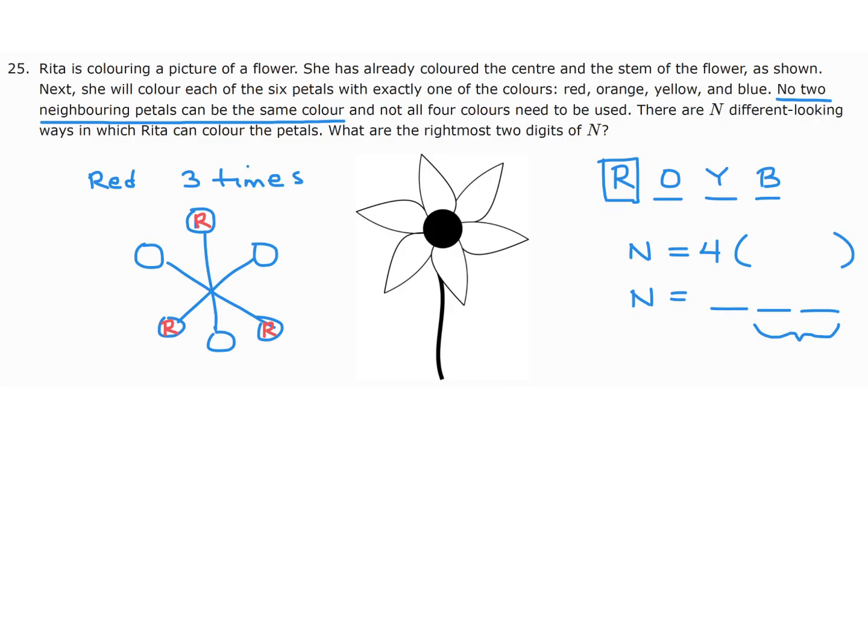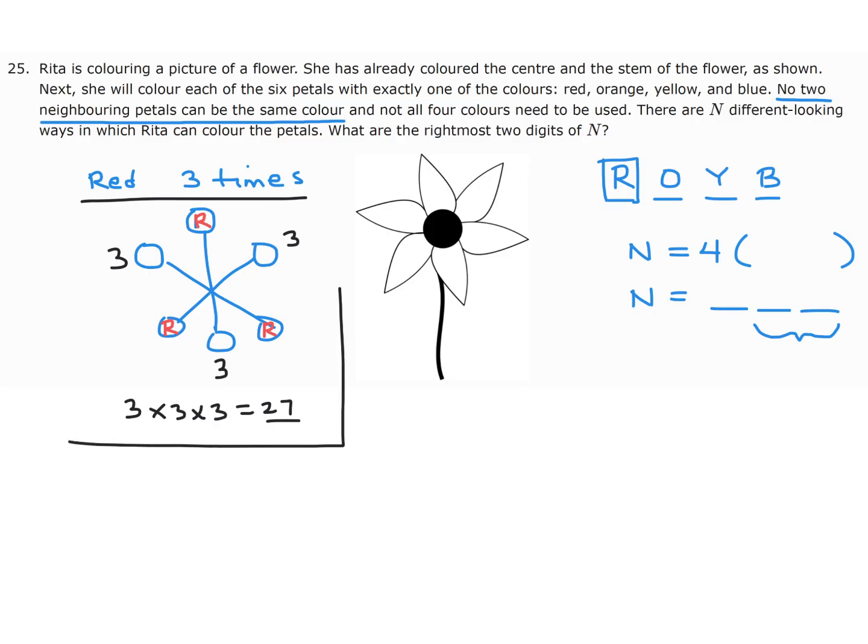And we have to figure out what about the other colors. We have 3 choices for here, 3 choices for here, and 3 choices for there. Those 3 choices are the orange, the yellow, and blue. So this looks like a total of 3 times 3 times 3, which is 27. So 27 ways of coloring the petals when you use red 3 times. Okay, so that's scenario number 1.